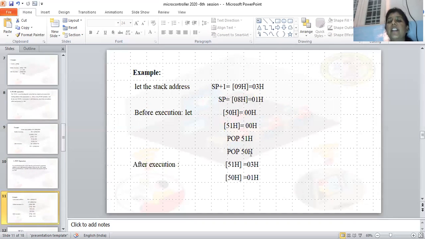Next, pop 50H means retrieving the data. Before this instruction, the stack pointer is decremented by 1. Then pop 50H retrieves the data from the 08H memory location, that is 01H, and copies it into the 50H memory location, that is 01H.